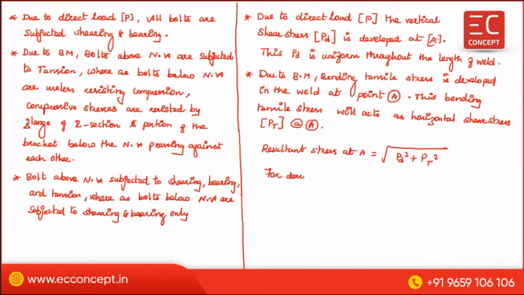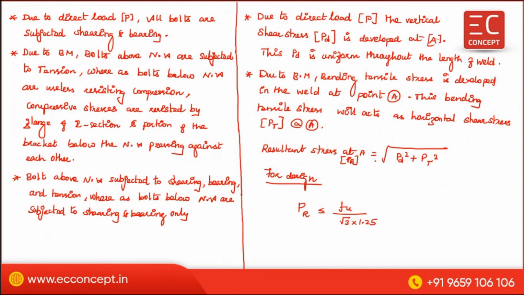For design, this is PR, the resultant stress PR. For design, PR is less than or equal to FU by root 3 into 1.25, that is the permissible shear stress. So this is the point.